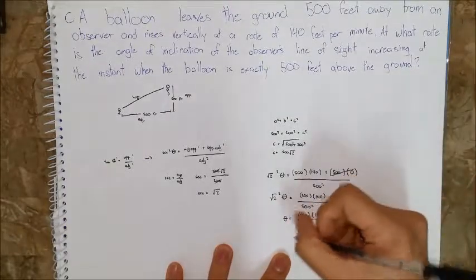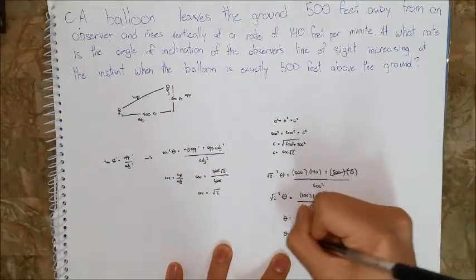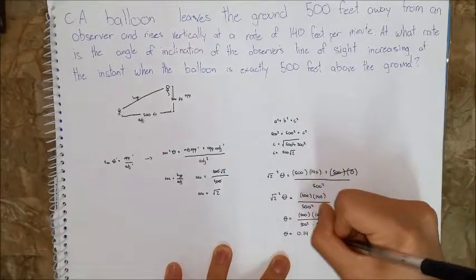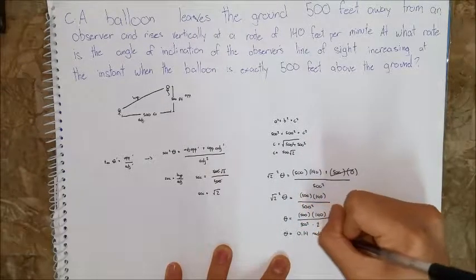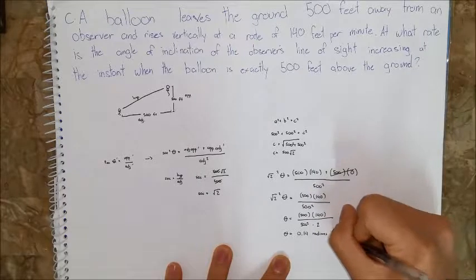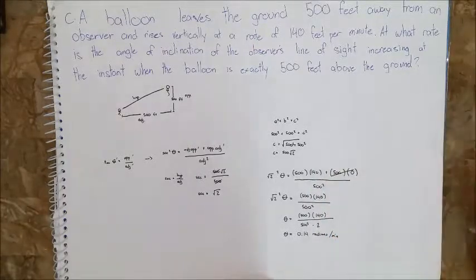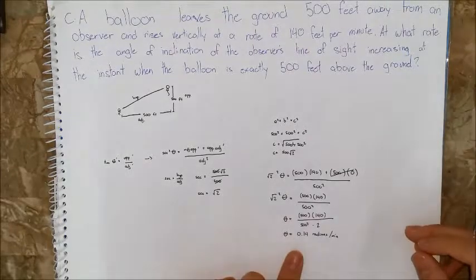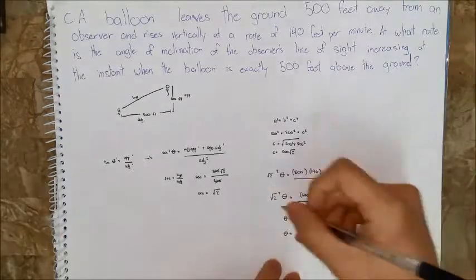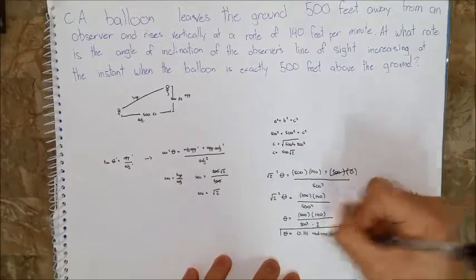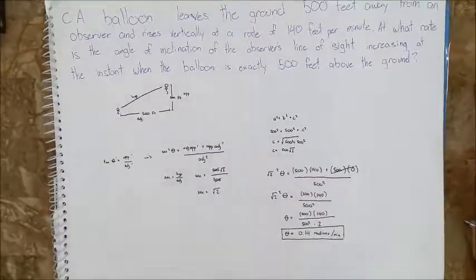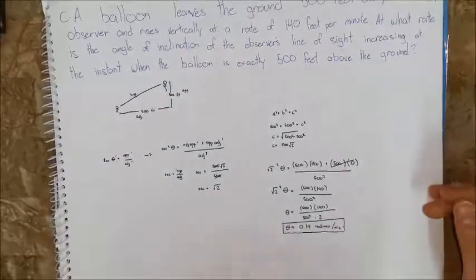So the answer of this is 0.14 radians per minute. So this is the change of the angle of inclination of the observer's line of sight.